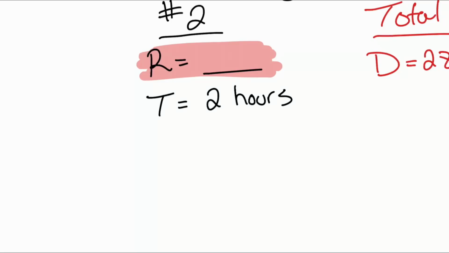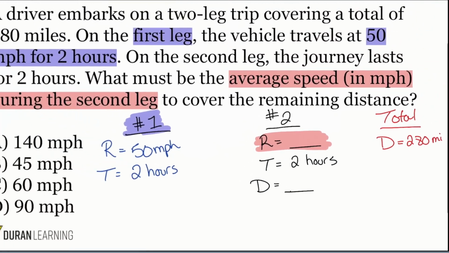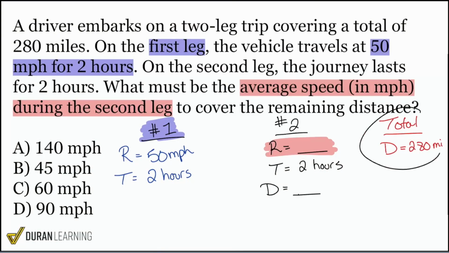Correct, the distance. I need the distance for the second leg, which I do not have. I don't know what this is. However, everybody, is there a way for us to use the information that we were given, like the total between the legs, like the first leg? Is it possible to use that information to get the distance for the second leg?